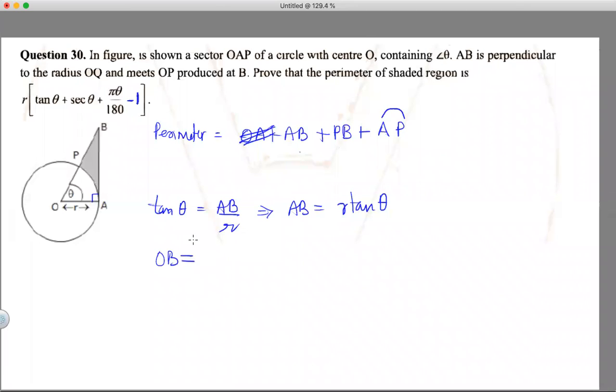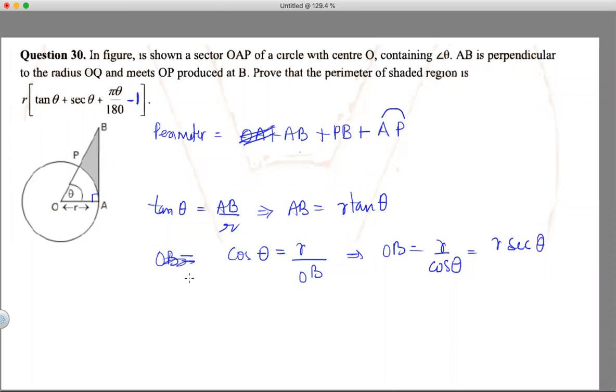So OB is equal to, sir, we will take cos theta. So to find OB, let's use cos theta. Cos theta is equal to R by OB, which means OB is equal to R by cos theta or R sec theta.